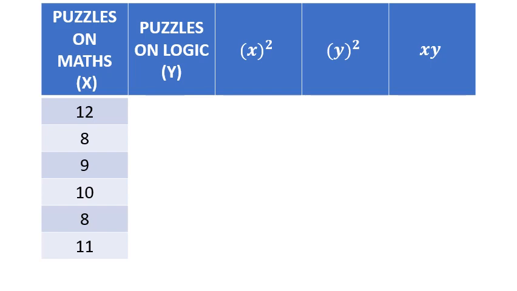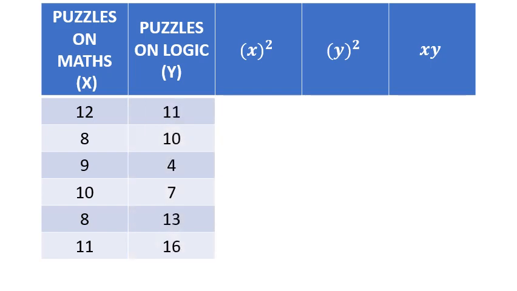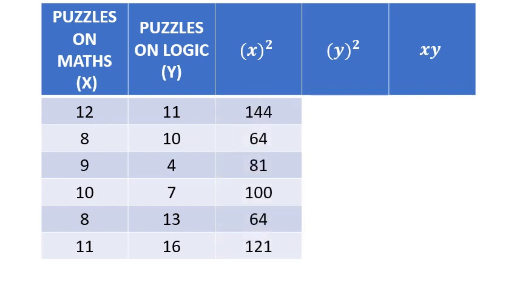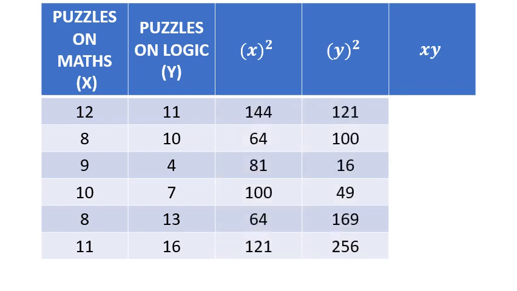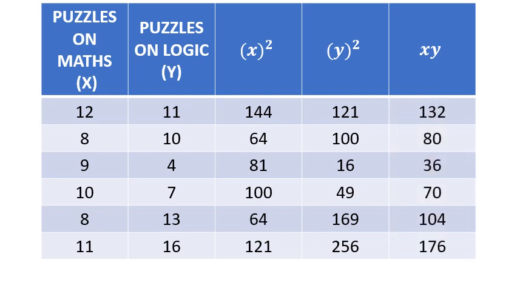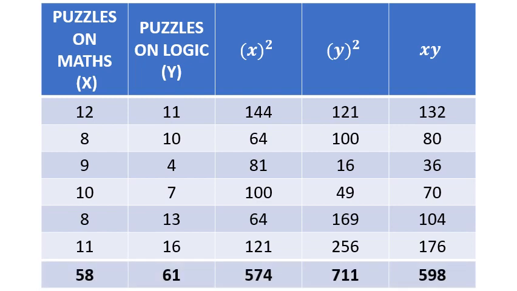So x column values are already there, y column values are already there. Square the values of x column, square the values of y column, and then multiply the values of x and y columns. That way you will get all your columns, and now the total row. That way you will get the total of all the columns, because you are going to need all the 5 totals for all the 5 columns.